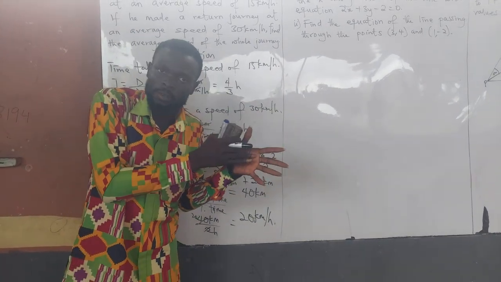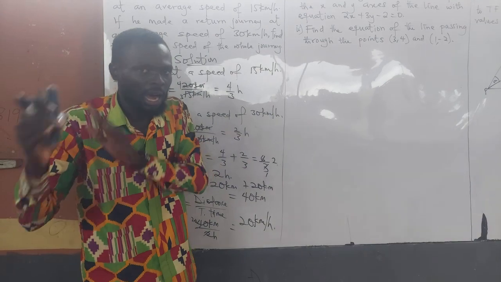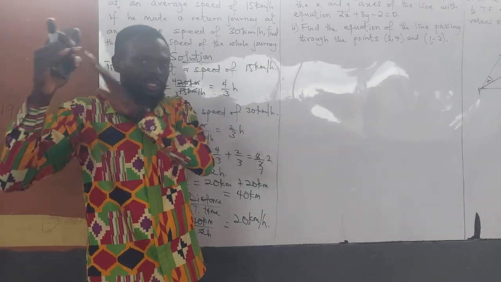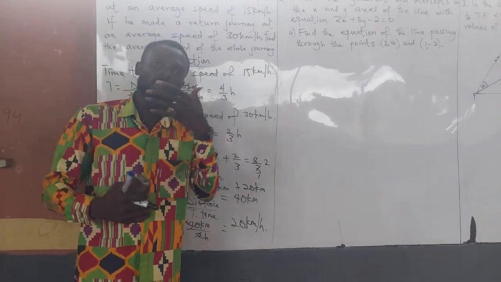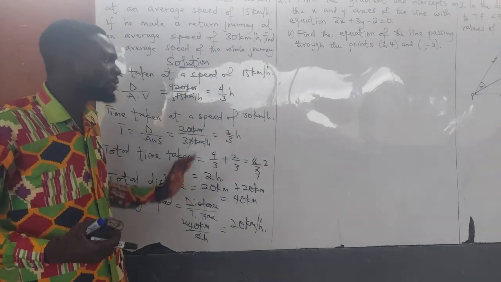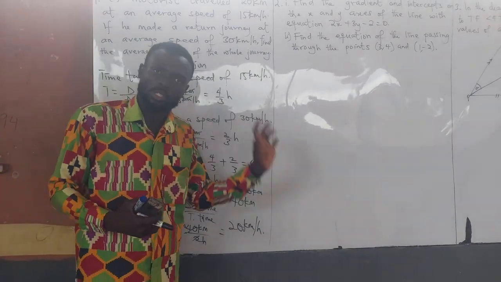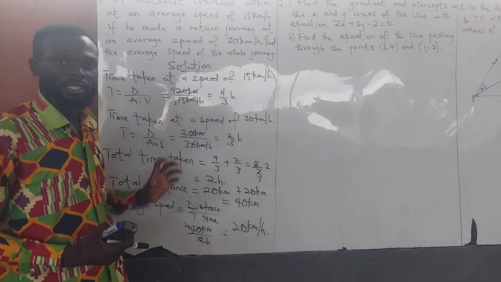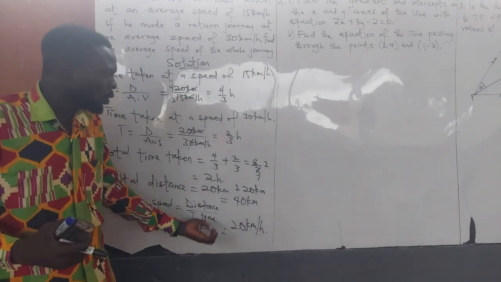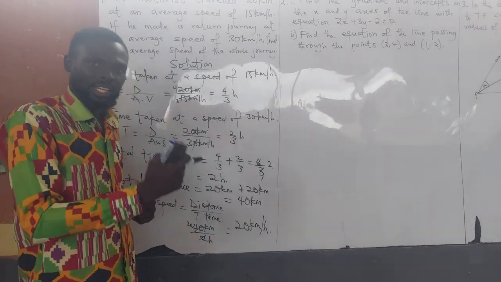Because for average speed, kilometers goes with hours, meters goes with seconds. So we should also know the unit conversion when it comes to the rate of speed and distance. So that is how we solve for a return journey.